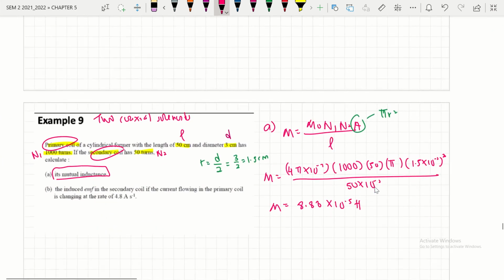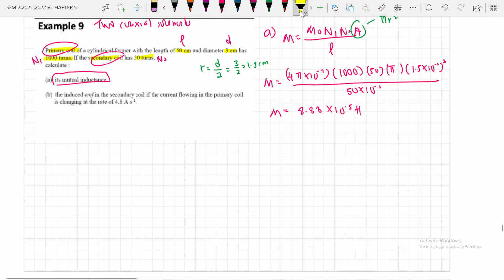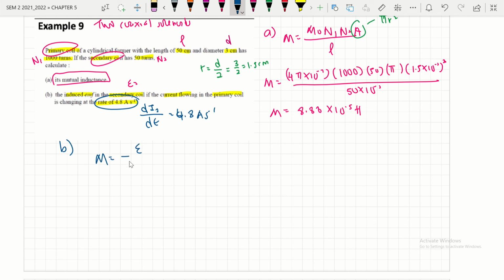That's for A. Now let's look at question B. This question asks for the induced EMF in the secondary coil, so we are going to find EMF2, if the current flowing through the primary coil is changing at a rate of 4.8 amperes per second. Since we know the mutual inductance, we can use this formula: mutual inductance equals induced EMF in the secondary coil divided by the rate of change of current in the primary coil.